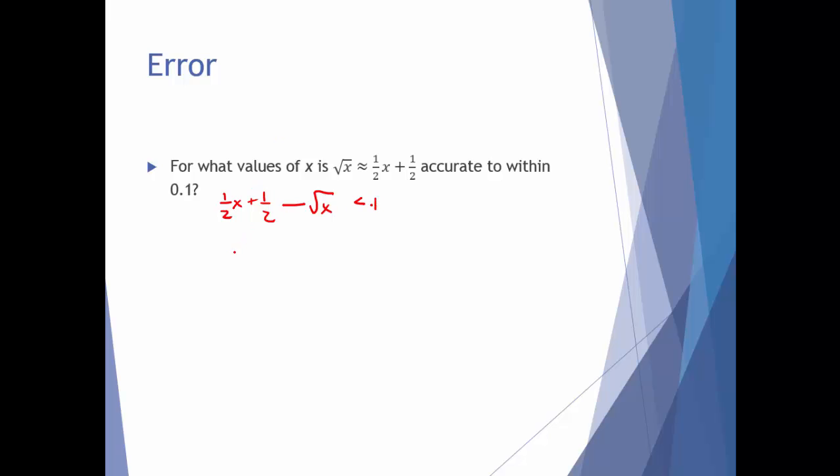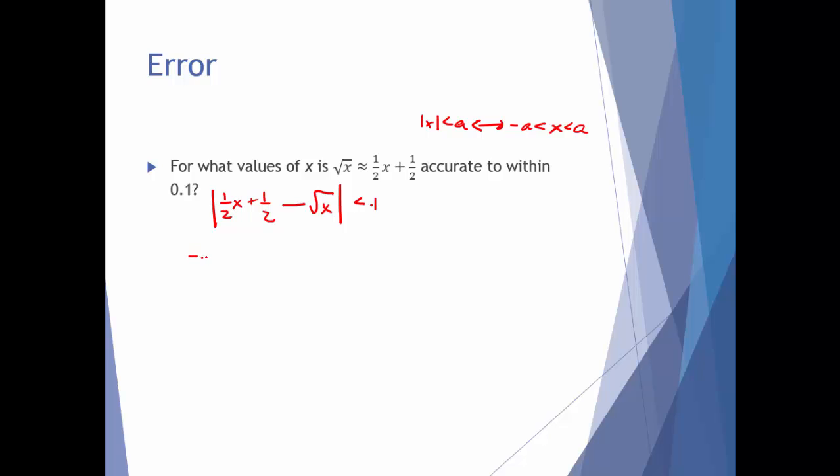Now the other thing you got to be careful of is this could be over by 0.1 or under by 0.1. So because it's positive or negative, we need to throw it inside absolute values. Now if you remember though, there's a property of absolute values that if you have the absolute value of x less than a, what that tells you is that x stays in between positive and negative a.